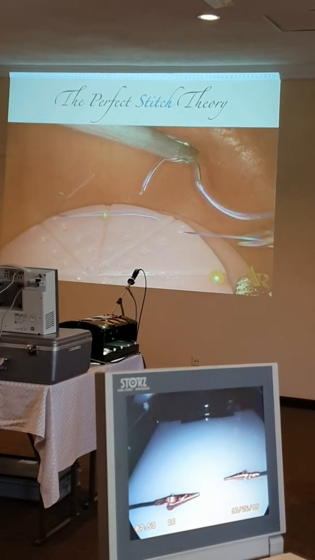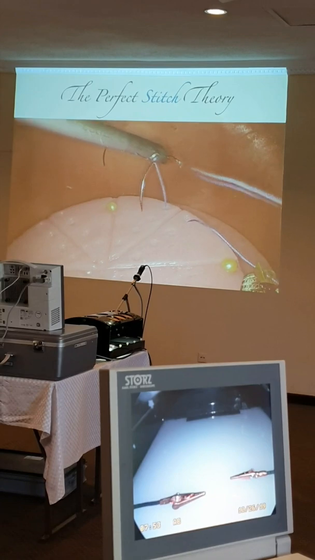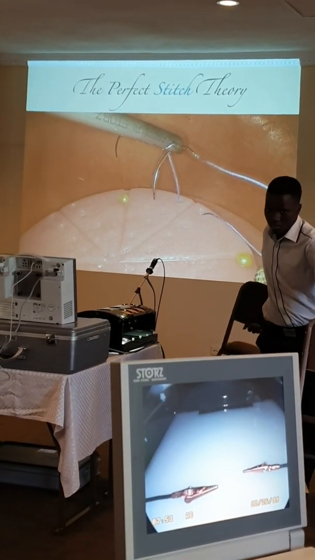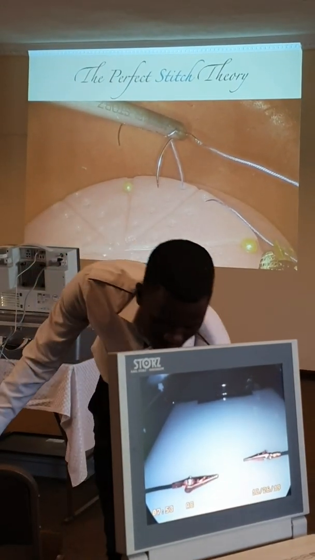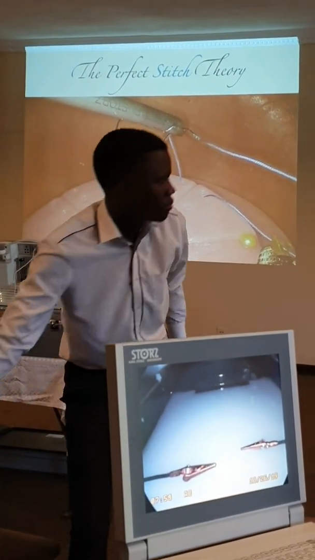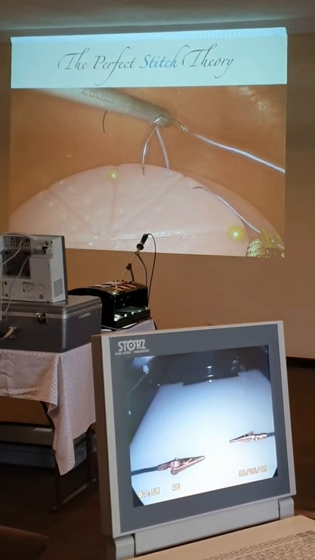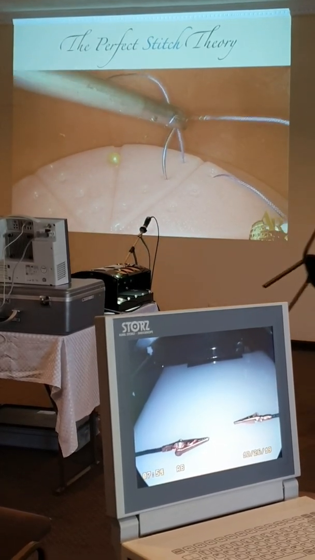You won't need to make many maneuvers to reload the needle into the cavity with the needle holder. Only you pick up again the needle with the needle holder, and you will stay in the perfect way to make the suture.